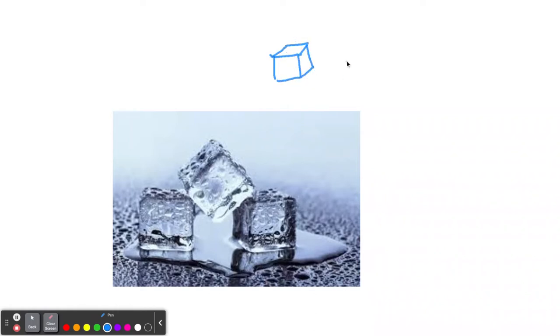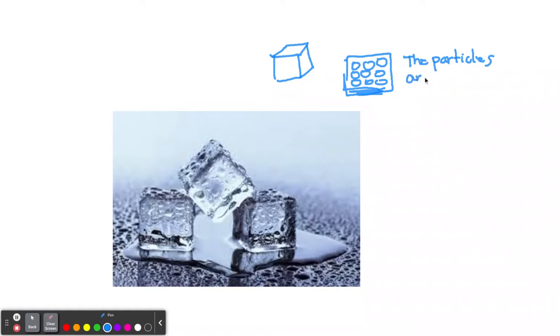If I make a two-dimensional diagram of the cube, we'll just say that inside these particles, these atoms, they're bonded together. Even though they're bonded together, we may say that in something that's frozen, nothing's moving, but they are. The particles are moving. They're just not moving as much as if they were in liquid state.